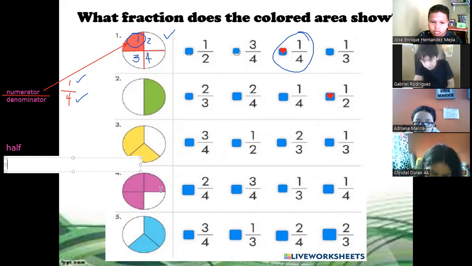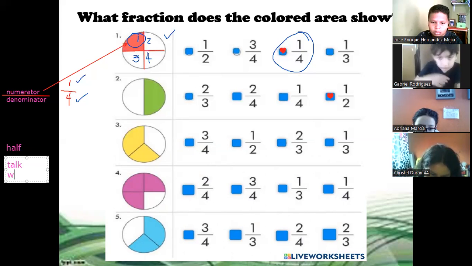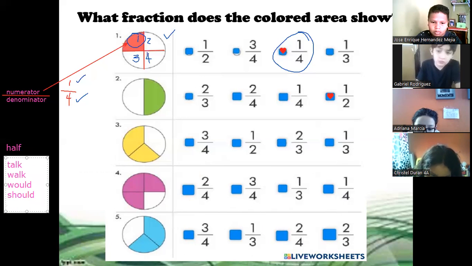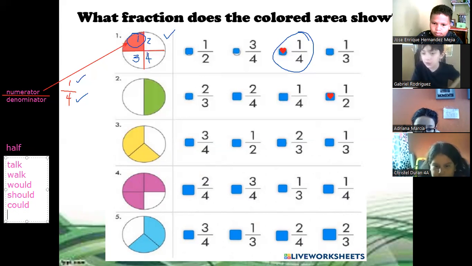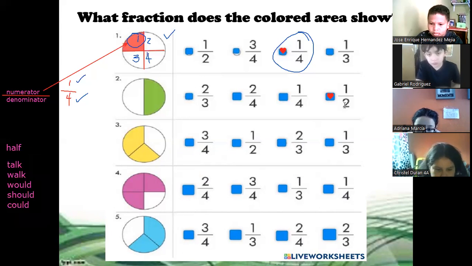Half, like other words that have a silent L, like talk, walk, would, should, could. So this one is, yes, 1/2. 1/2 is the fraction that represents that model.